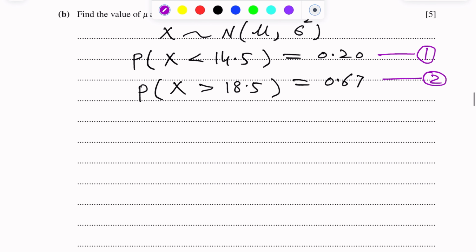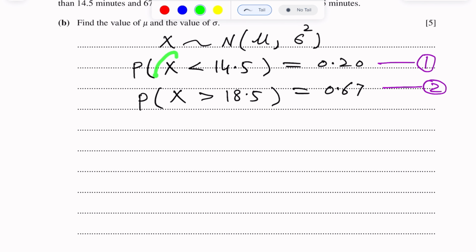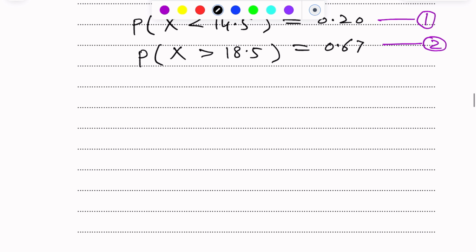Now we will first convert X into Z in both cases, by the same formula: Z is equal to X minus mu over sigma. From equation number 1 we can write probability of Z less than X minus mu over sigma is equal to 0.20.